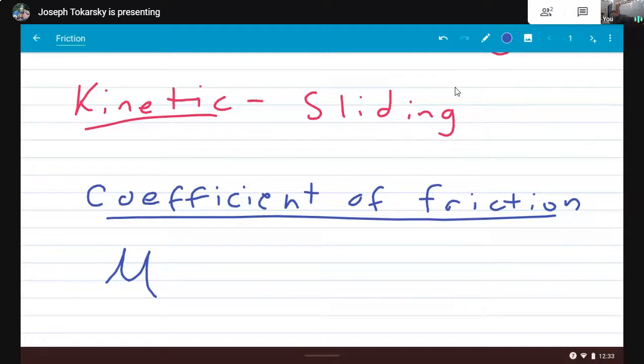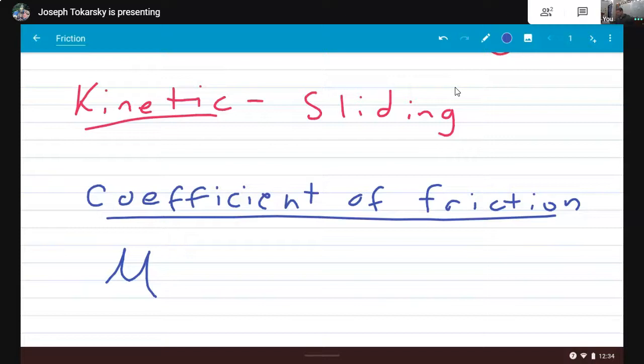Now, what does that exactly mean? It means really a numerical value that is based on the roughness or smoothness of the surfaces in contact when figuring out friction and how much there is.